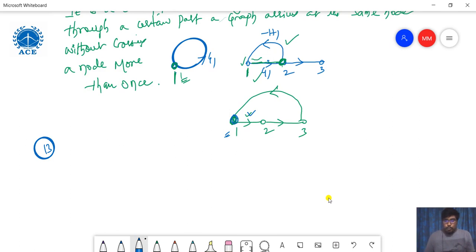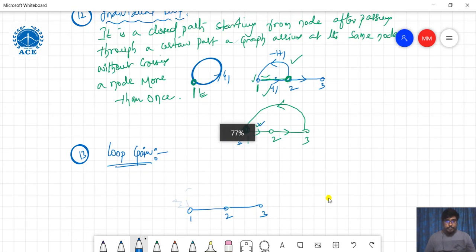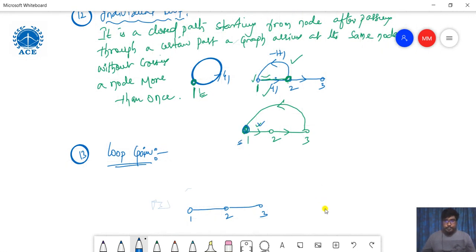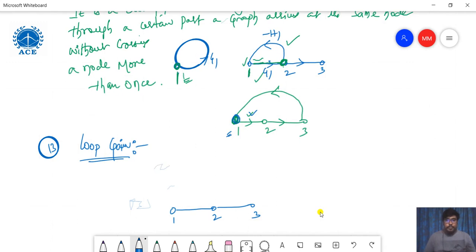Loop gain. Loop gain is nothing but the product of all gains or transmittances of a loop. If I consider the above example, nodes 1, 2 and 3, see this one.